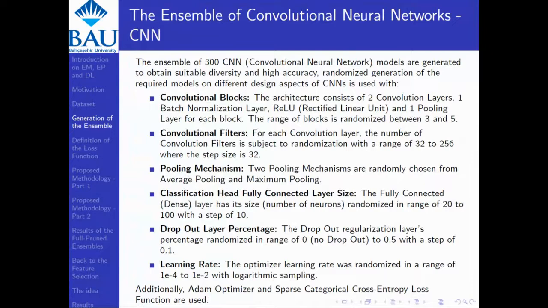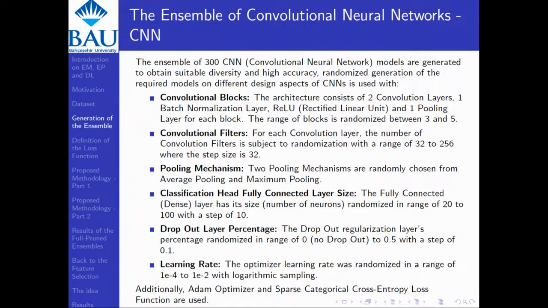And the number of blocks is randomized between 3 and 5. For each convolution layer, we use convolution filters randomized between 32 and 256, with a step size of 32. We use 2 pooling mechanisms, which are average pooling and maximum pooling, and these are randomly chosen.